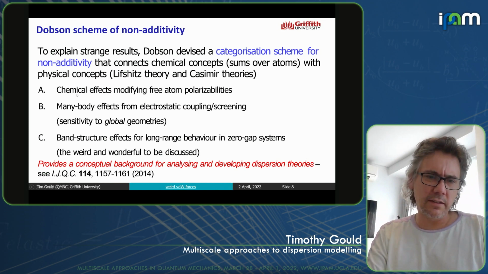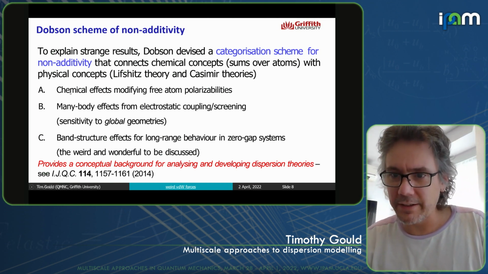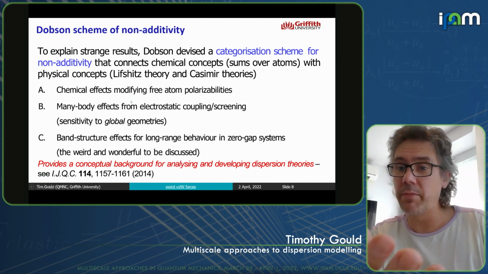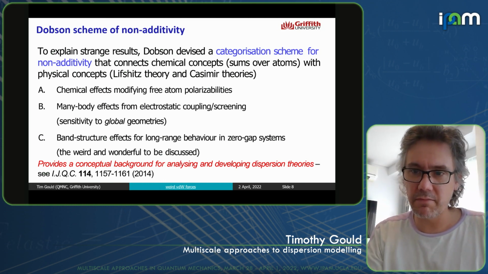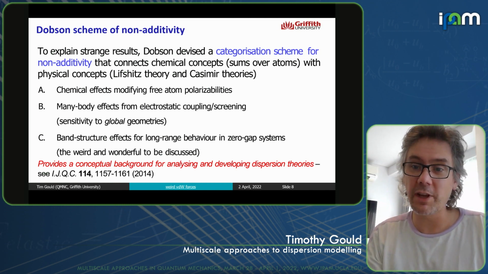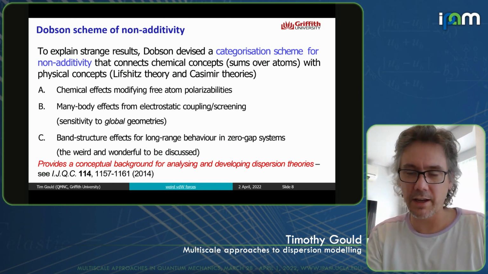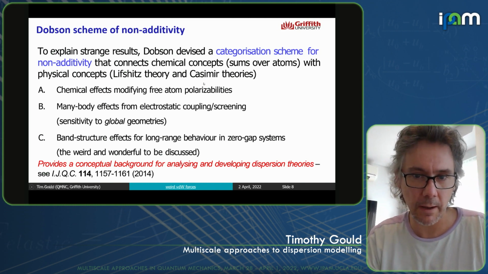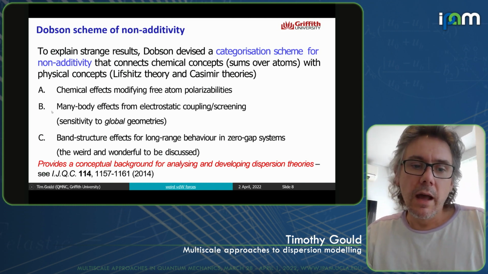So the first of these is literally everyone does this. This is a long solved, long known problem, and that is basically a carbon atom in vacuum does not have the same polarizability as a carbon in methane. I don't think anyone's going to be too surprised by that.